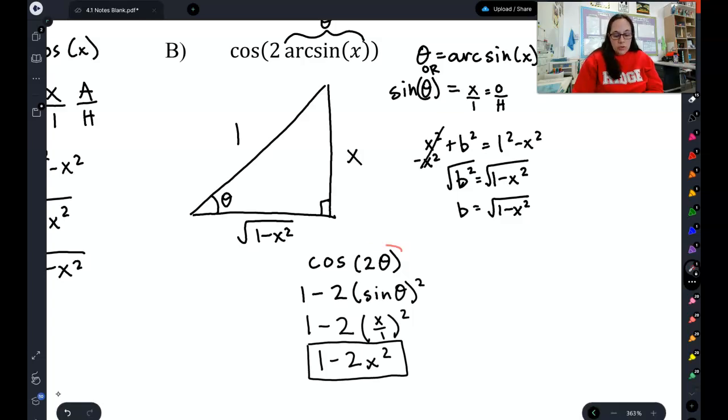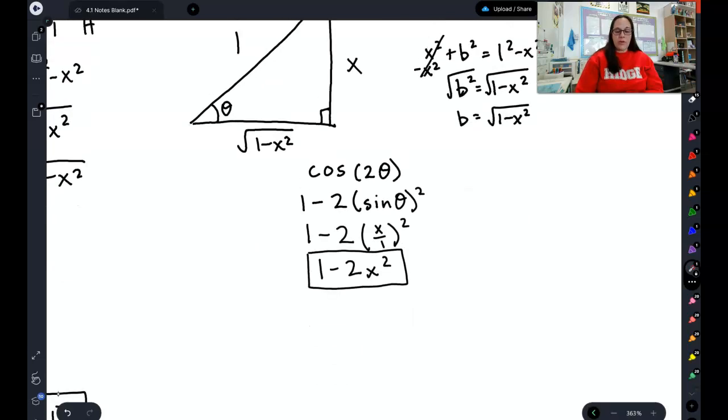There are 2 other double angle identities you can use for cosine. You really could have used either of them. This is just the one that I picked. Now, also notice that instead of putting my squared inside, I put it outside. That was so that I could see that sine is opposite over hypotenuse. So I could pick the opposite side over the hypotenuse side, plug that in to get my final answer.